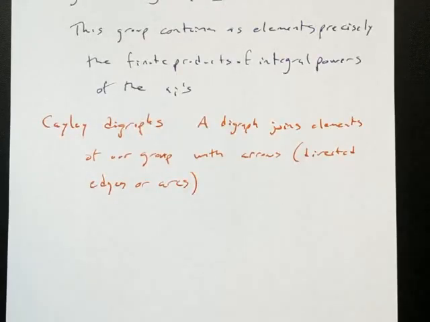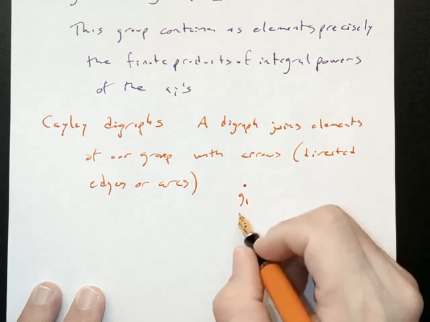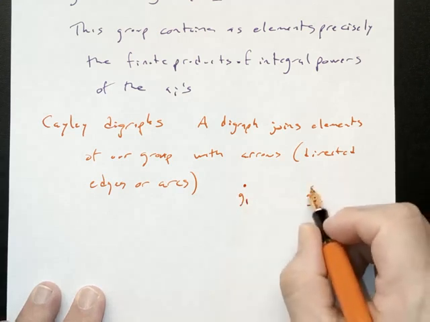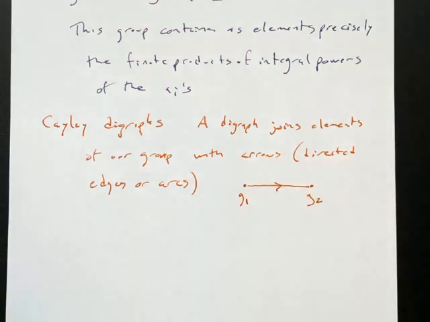A digraph takes elements of our set, in our case our group, and joins them with arrows, which are also called directed edges or arcs. So if I had two items, group element 1, group element 2, I could say, oh, we go from group element 1 to group element 2. The edges are going to represent what happens when we use one of our generators.